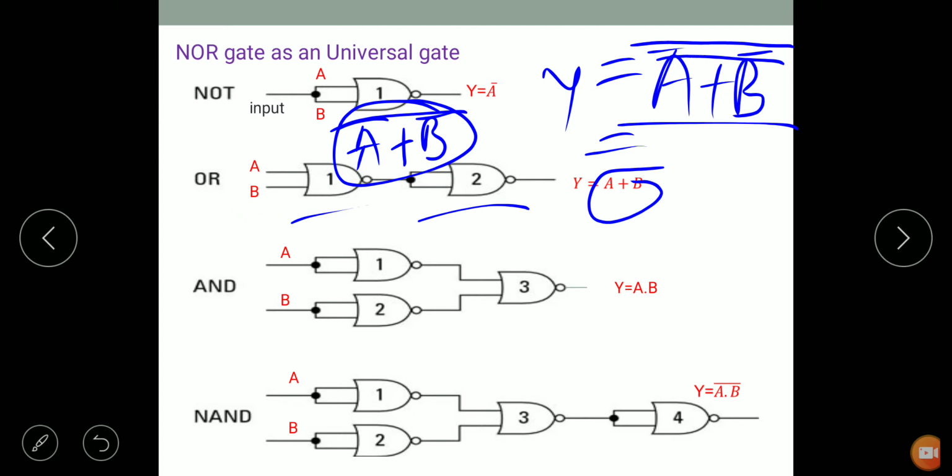Then now the AND gate. Here also 3 NOR gates are used. The output of the first NOR gate is A bar, and the second NOR gate gives B bar. What is the output of the third NOR gate?